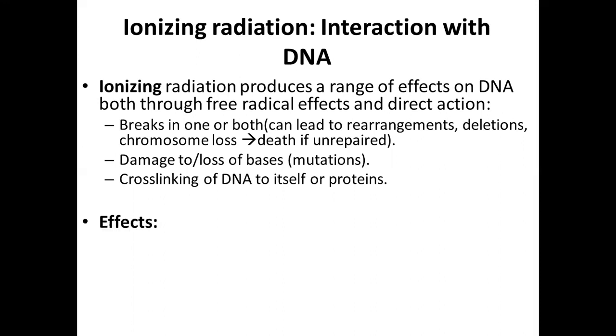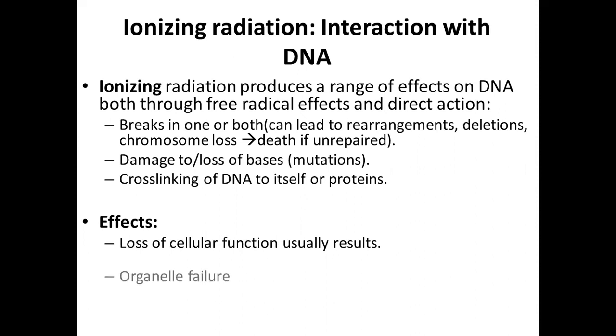So what are the effects of this whole process having happened? As mentioned earlier, these mutagens will lead to a loss of cellular function, so there'll be a disruption in the function of the cell. There could also be organelle failure.